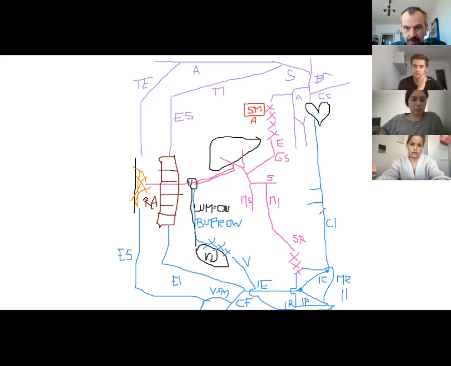Lumbar veins and the renal vein and the suprarenal vein are connected to the branches from splenic, superior mesenteric, and inferior mesenteric, and they are connected here within the mesenterium and mesocolon.